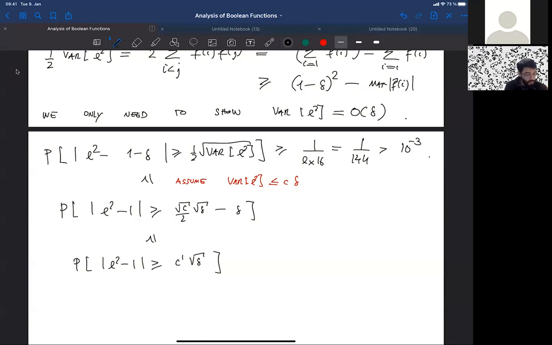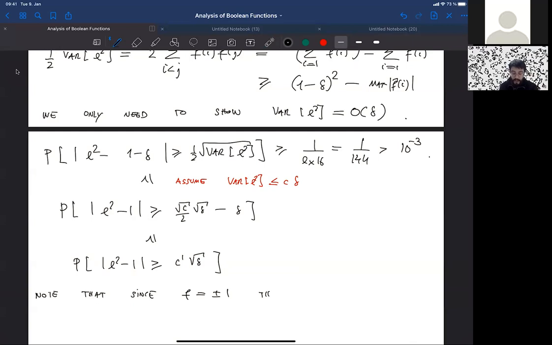Okay, so fine, but note now that since f is always plus or minus 1, this thing is saying that L squared minus 1 is greater or equal than c prime delta. So this is saying that L is far from 1 and minus 1.